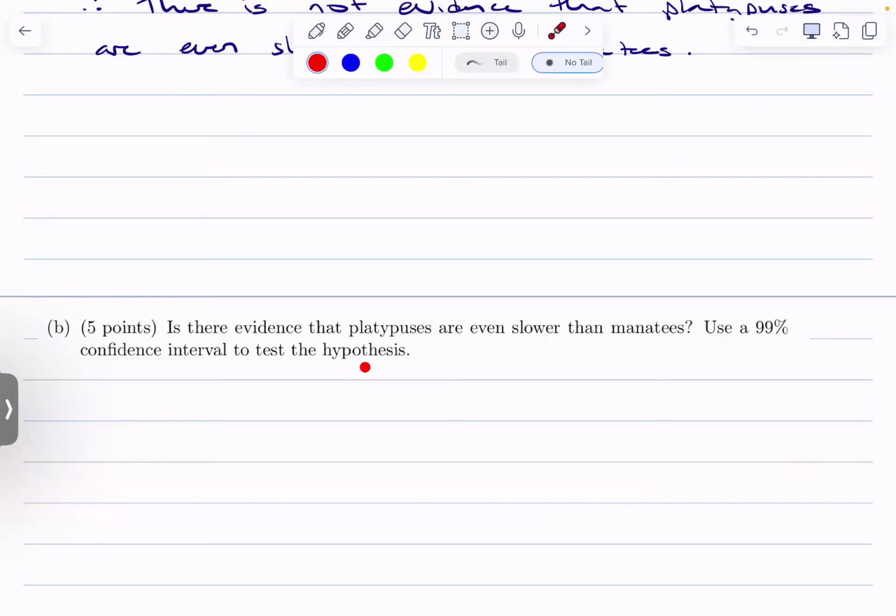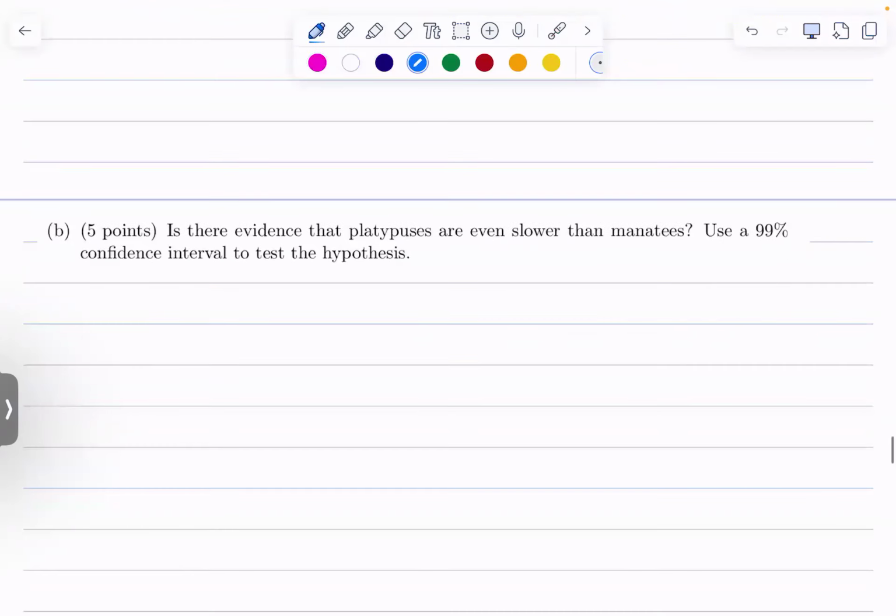Now, a couple of things. Confidence intervals are going to have the same conclusion as a two-sided test, right? But we did a one-sided test. Okay? And so here, our confidence interval is going to be equivalent to a two-sided test.